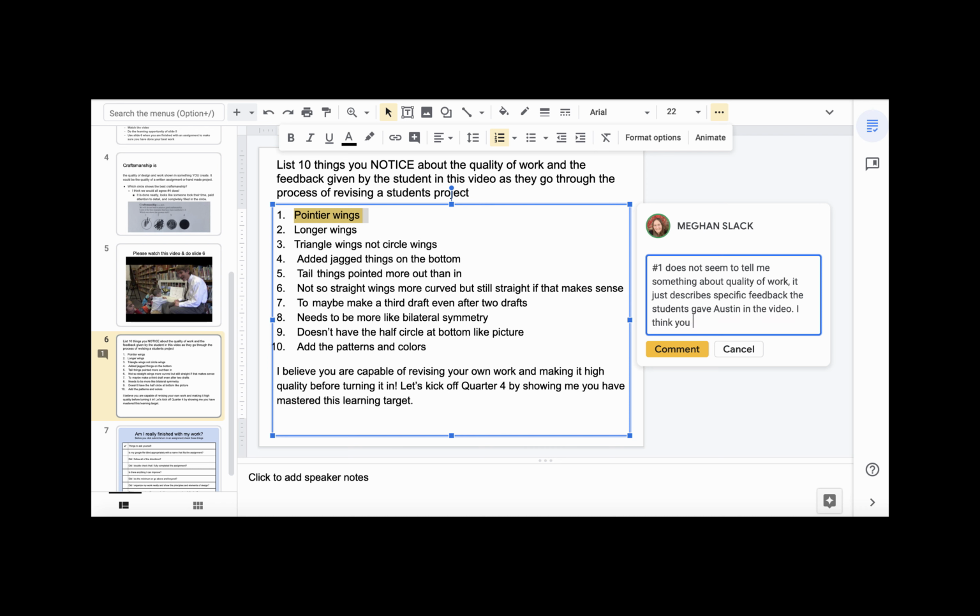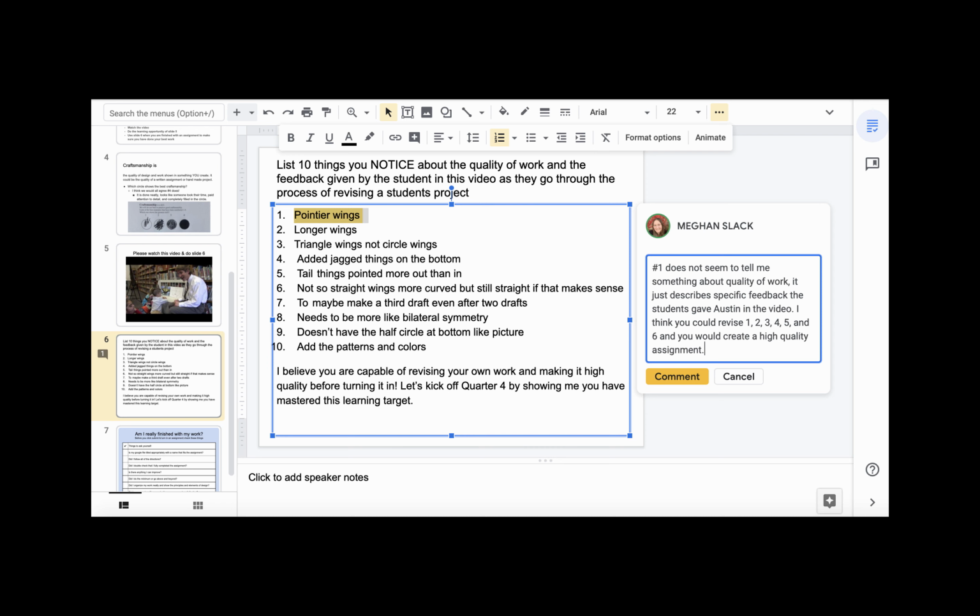I think you could revise 1, 2, 3, 4, 5, and 6, and you would create a higher quality assignment. So I gave specific feedback: which things, and why could they improve that?